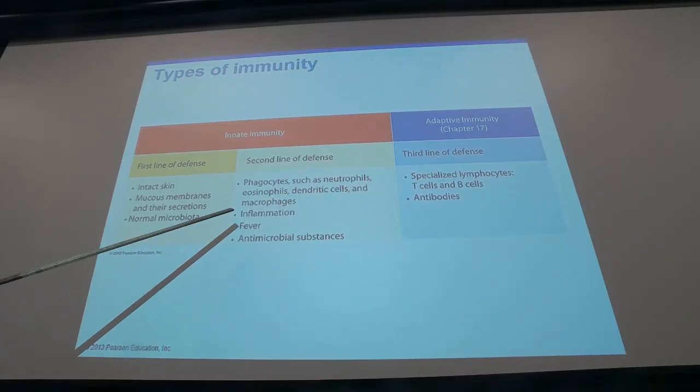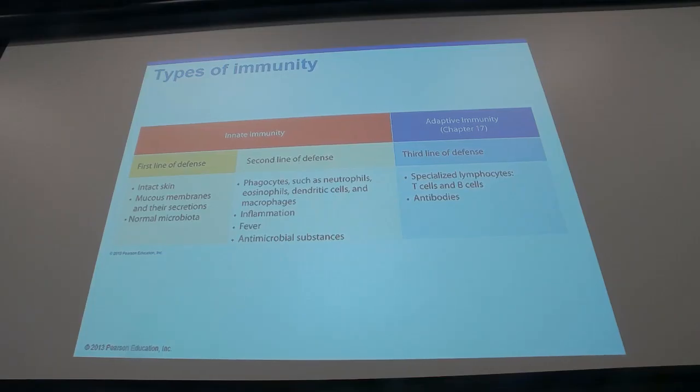So inflammation is part of the second line of defense. And as part of inflammation, we have as well molecules like tumor necrosis factor, for instance, that can induce fever. And with this, we will have a higher temperature in our body that can help to reduce the number of microorganisms.